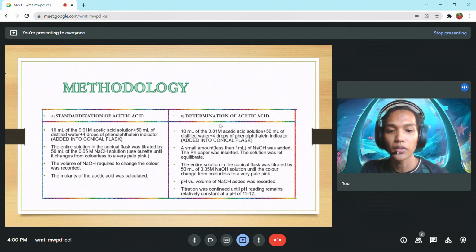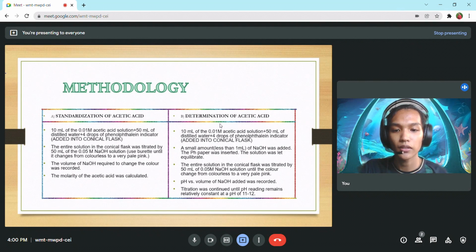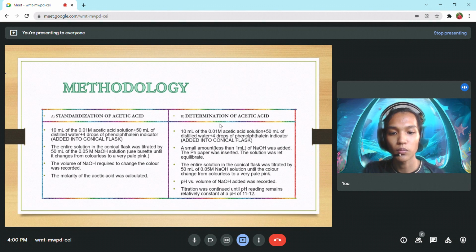The entire solution in the conical flask was titrated by 50 milliliters of 0.05 mol sodium hydroxide solution until the color changed from colorless to a very pale pink. The pH against volume of sodium hydroxide was recorded.